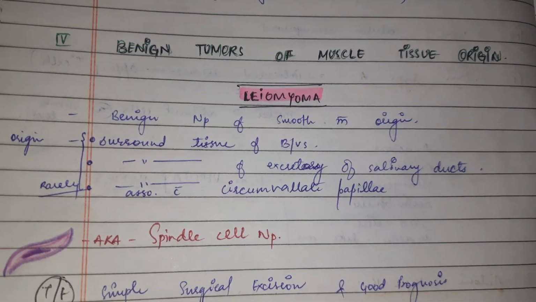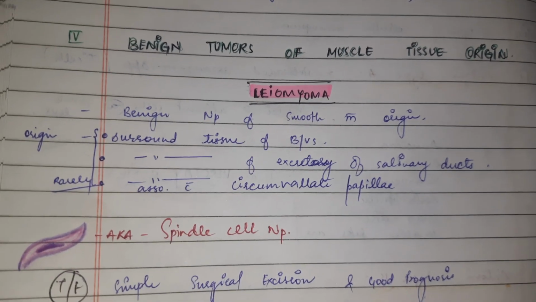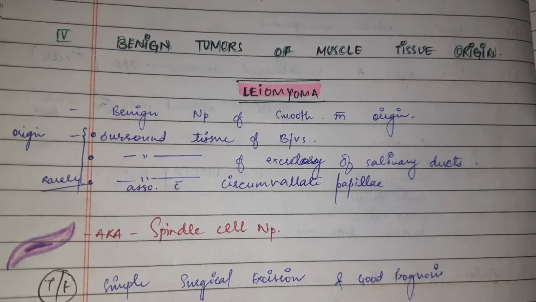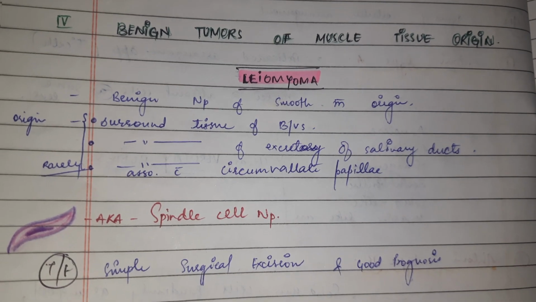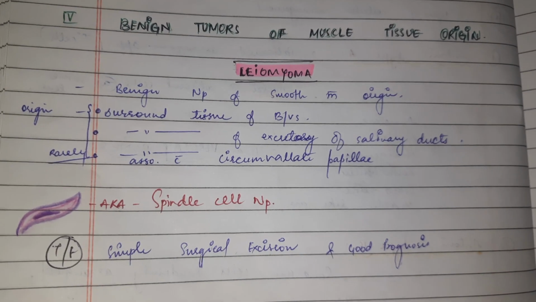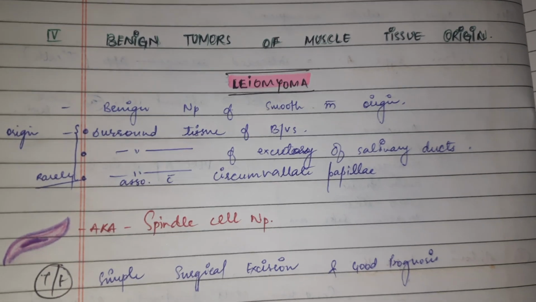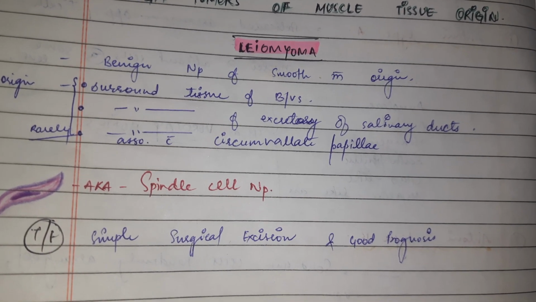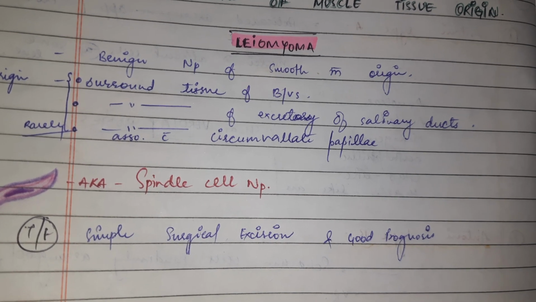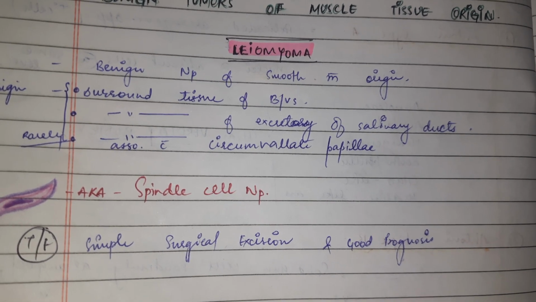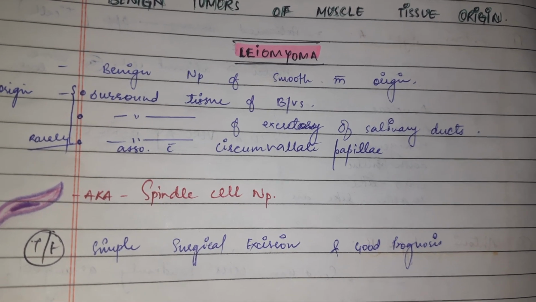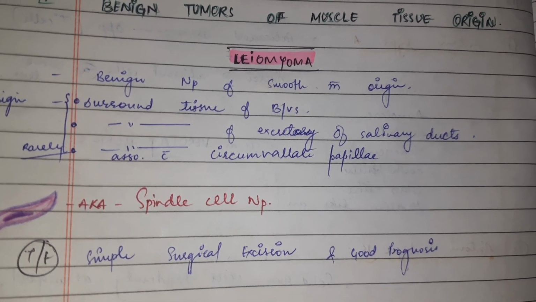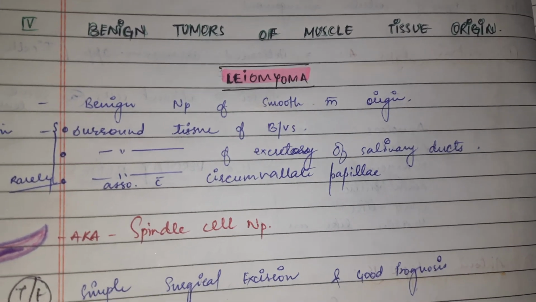Leiomyoma is a benign neoplasm of smooth muscle origin, arising from the tissue surrounding blood vessels, the excretory salivary ducts, or associated with circumvallate papillae.